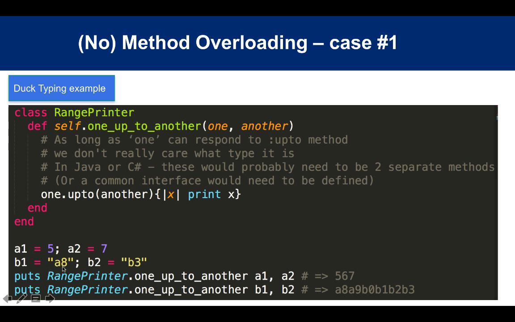Let's say b1 is the string "a8" and b2 is the string "b3". You could call the method on the strings b1 and b2, which will print out a8, a9, and up to b3. So the idea of duck typing is that as long as the objects you're passing in support the methods that you're calling, it doesn't really matter what class those objects belong to.